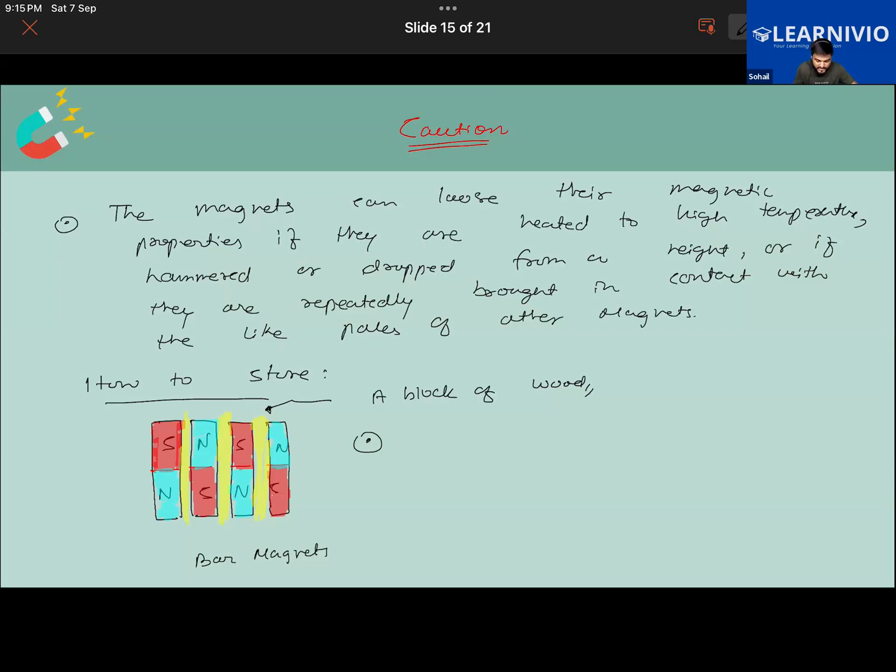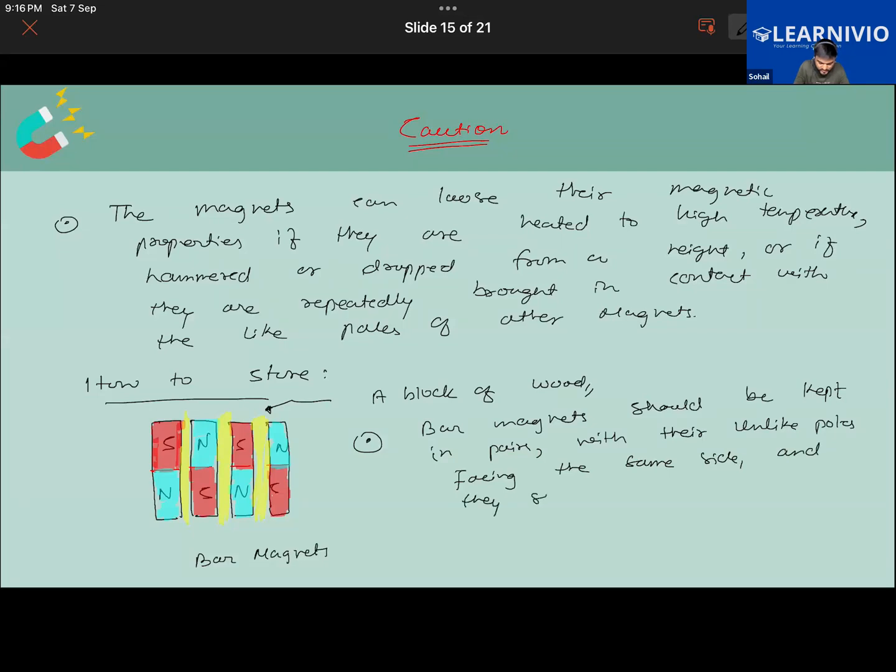Write down this thing: bar magnets should be kept in pairs with their unlike poles facing the same side, and they should be separated with a block of wood.